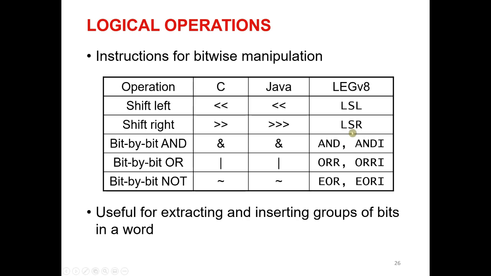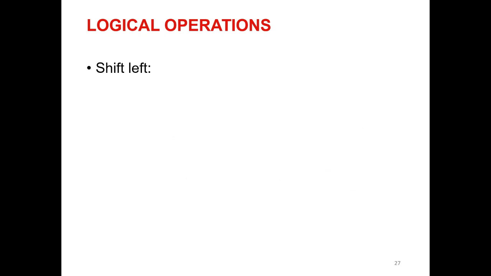This will be logical shift right. And for AND and AND immediate, we have these two instructions in LEGv8. For the OR logical operations, we have ORR and ORR immediate, and for doing the NOT, the negation, we are actually using an exclusive OR. Those instructions can be useful for manipulating bits.